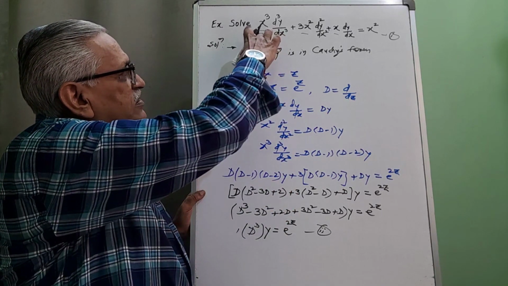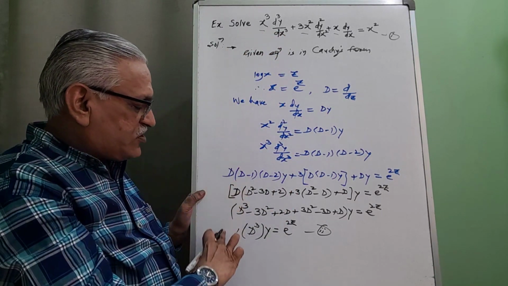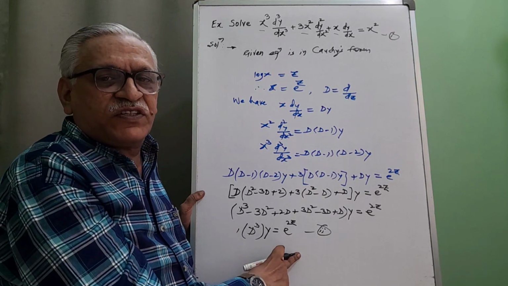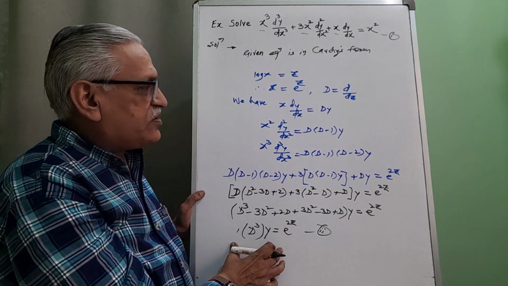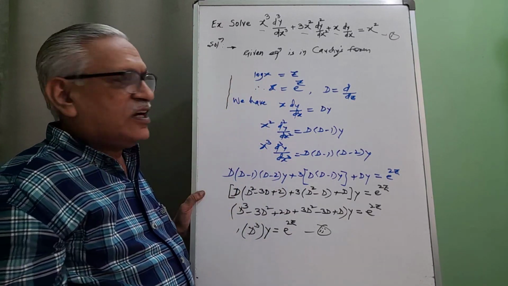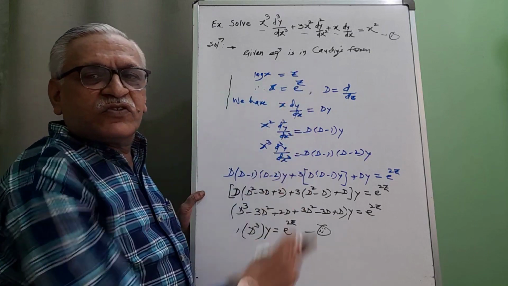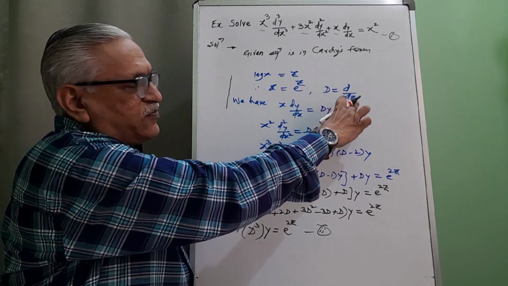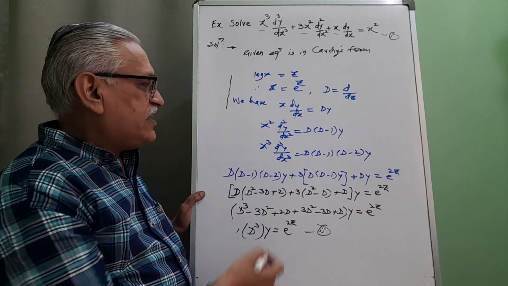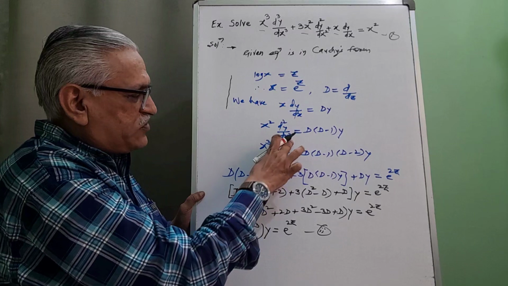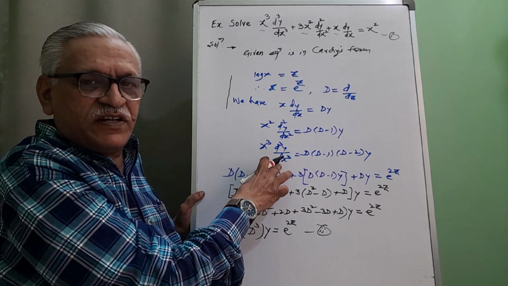This means the given equation, first of all, we have to convert into a linear differential equation with constant coefficient by this standard substitution. Log x is equal to z, we get x is equal to e raised to z. Capital D stands for the operator d by dz, and we have the values of x dy by dx, x square d2y by dx square, x cube d cube y by dx cube.